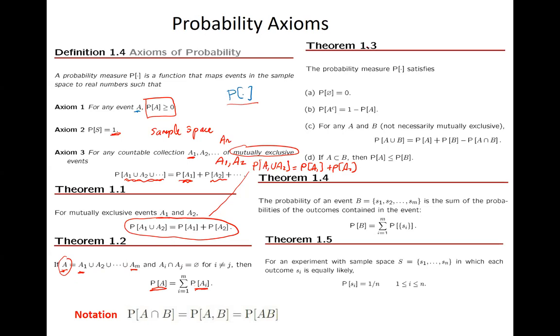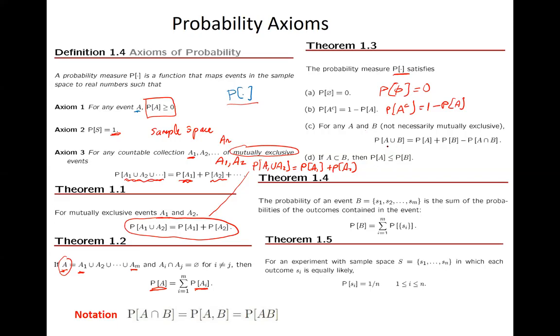How about theorem 1-3? Probability measure satisfies these relationships. Probability of empty set simply 0. Probability of A complement is equal to 1 minus probability of A. And for any two events, they are not necessarily to be mutually exclusive.